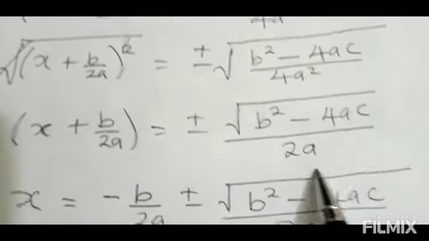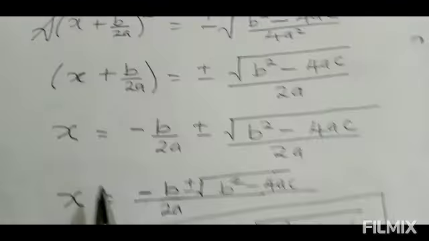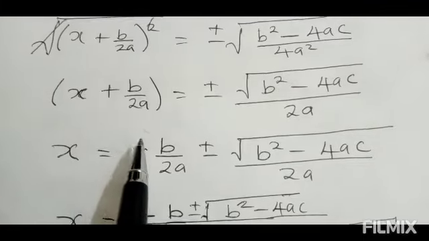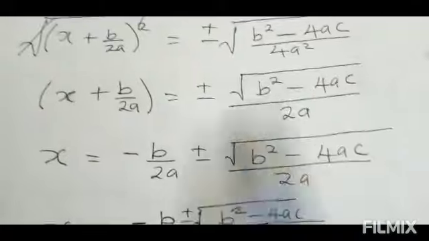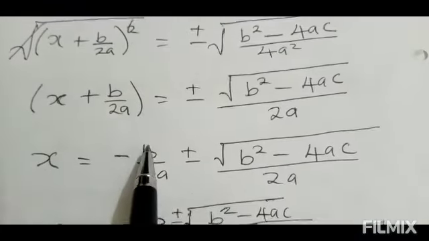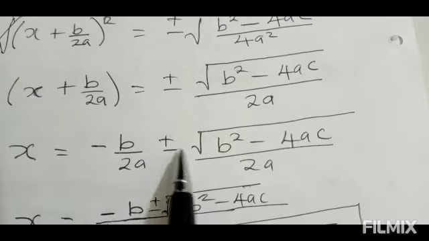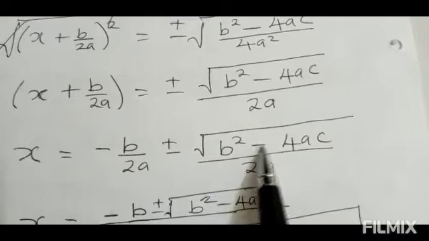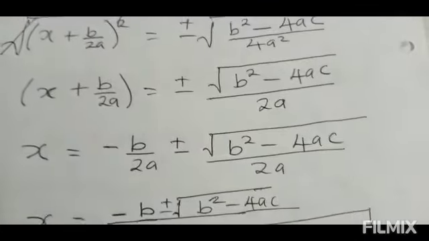So from this point, we have to make x the subject of the formula by taking this term to the other side. So x is equal to minus b over 2a plus or minus the square root of b squared minus 4ac over 2a, okay?